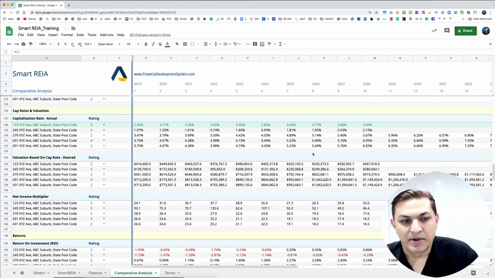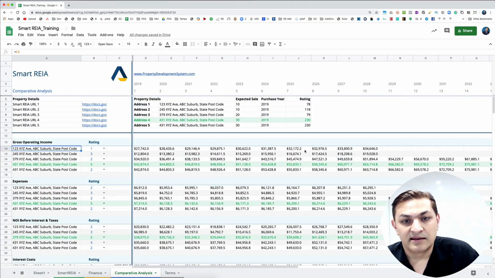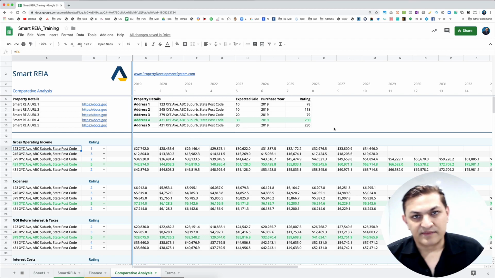But you can actually compare them and see which ones are best. In the end, your total rating gets totaled up top, and it'll highlight the best option out of the 5 that you've selected.